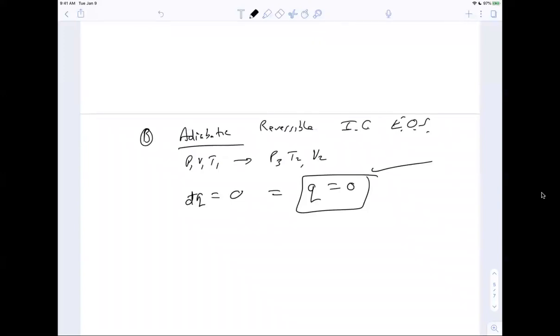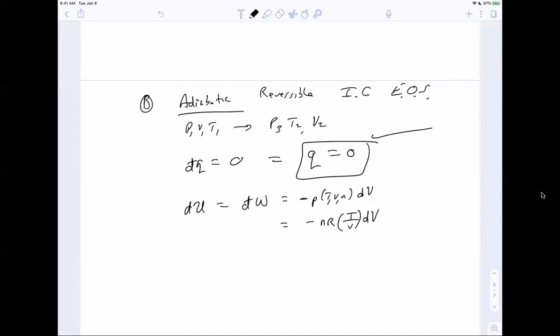Well, we know that dU is equal to dW, because dQ is 0. But this is interesting because now we don't have only volume changing, but we also have temperature changing. If I were to just write this as minus P of T, V, n dV, this integral for an ideal gas is going to equal minus nR T over V dV, okay?